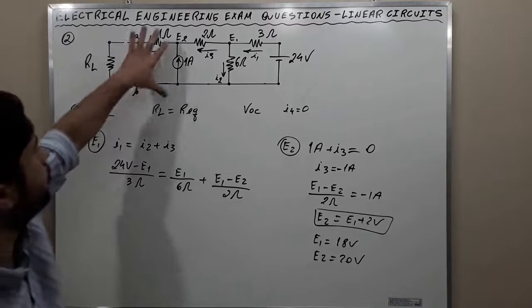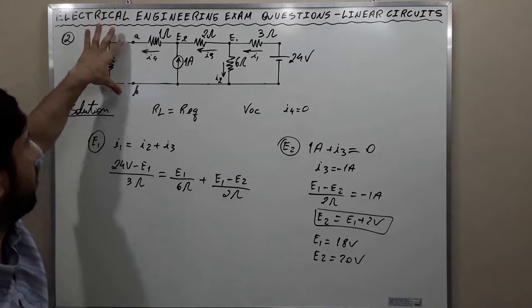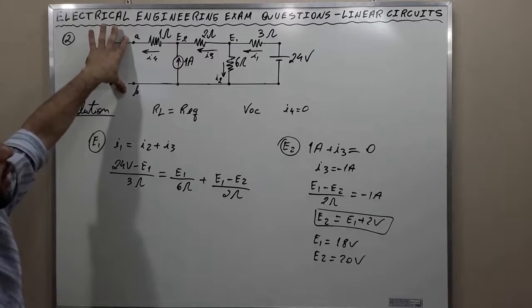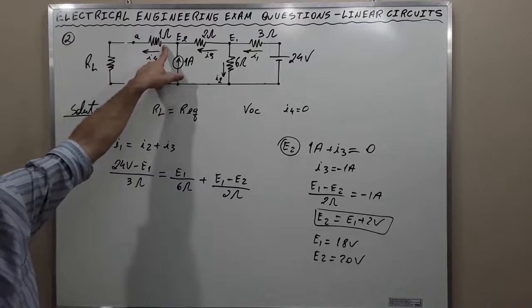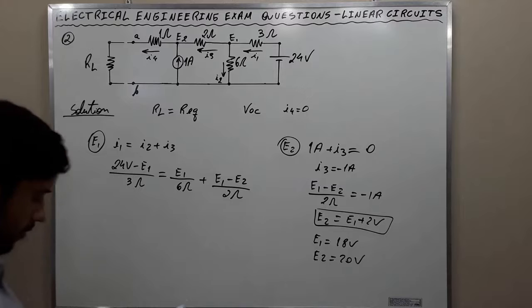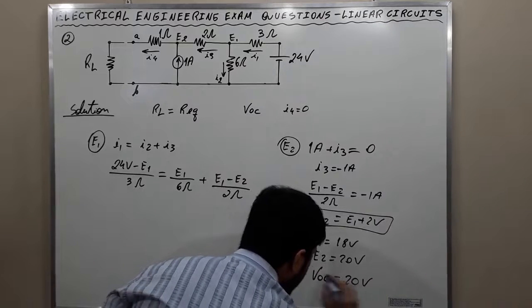Okay? E2 is equal to 20 volts. And E2 is equal to the open circuit voltage, the voltage here, because there is no voltage drop here. The current is 0. Therefore, VOC is equal to 20 volts.